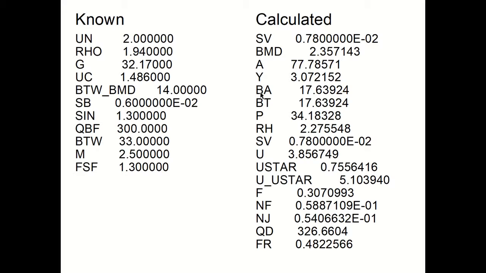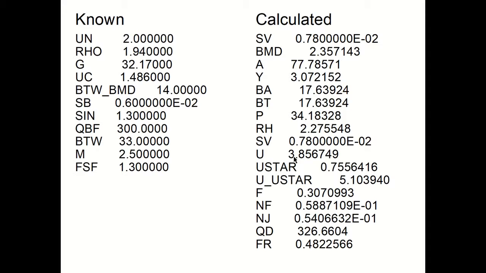The bottom width computed two different ways, so you can see those equations agree. Wetted perimeter, hydraulic radius. There's the slope of the valley, which shows up twice.